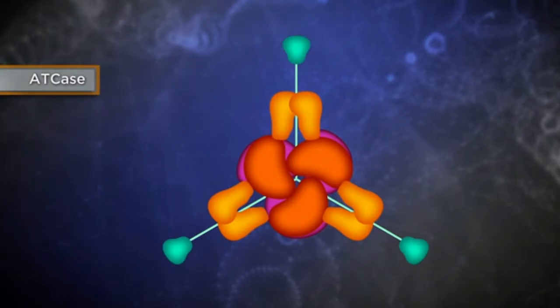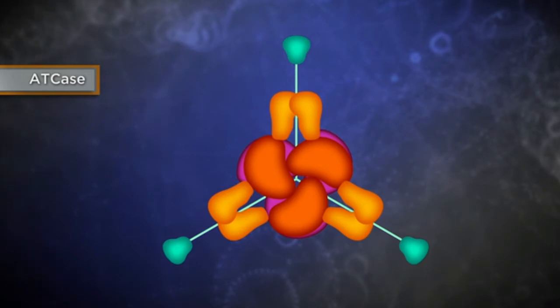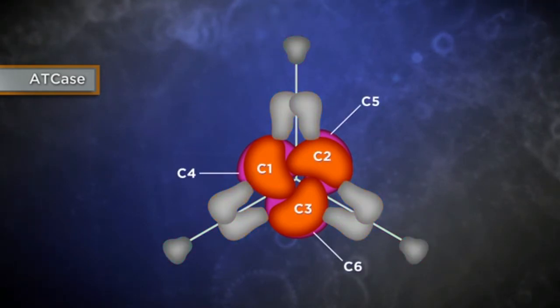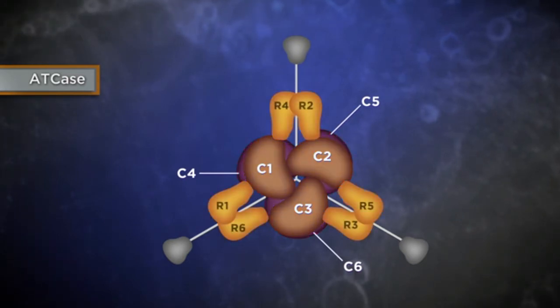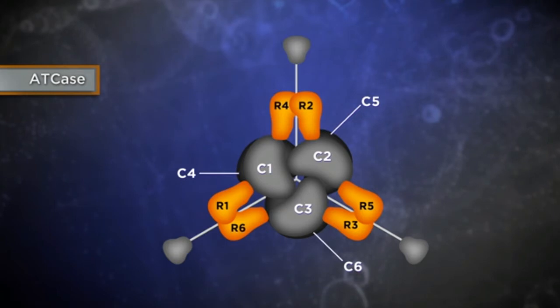Let's see how the cell handles regulation of this enzyme. Each ATCase enzyme is made up of 12 polypeptide subunits. 6 of the polypeptides in ATCase catalyze the reaction at their active sites. The other 6 polypeptides of the enzyme regulate the activity of the enzyme.